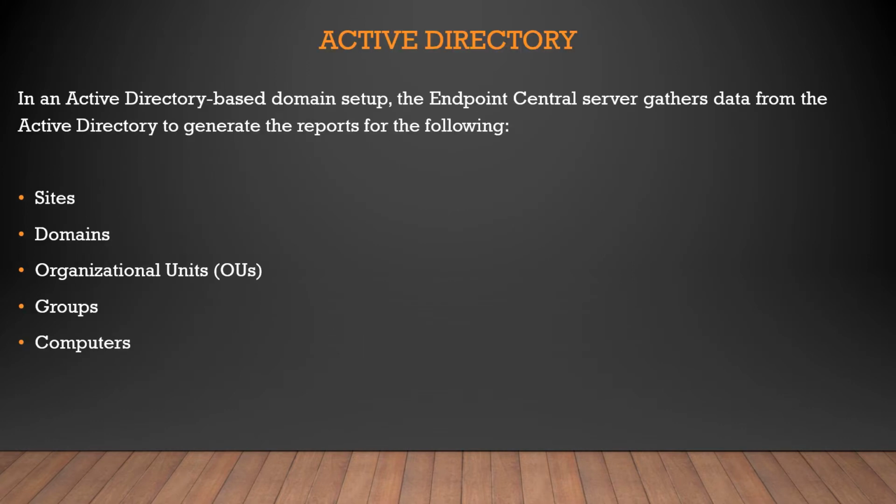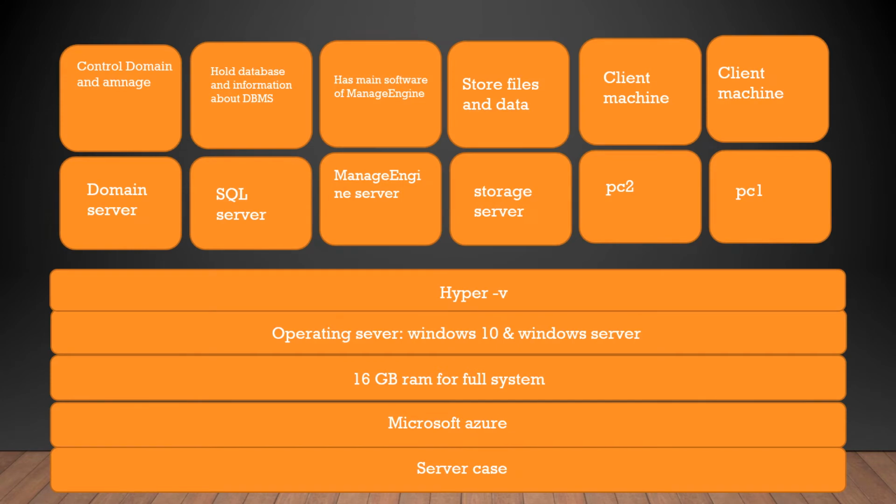And Active Directory. In Active Directory, we have sites, domains, organizational units, groups, computers, and users. And this is my logical view. First thing will be the server side. For this semester, we are using Microsoft Azure as a virtual machine platform, which has 16 GB of RAM and operating system Windows 10 and Windows Server.